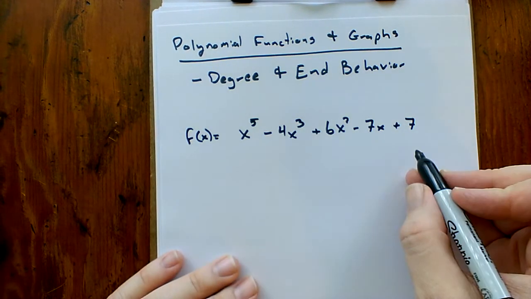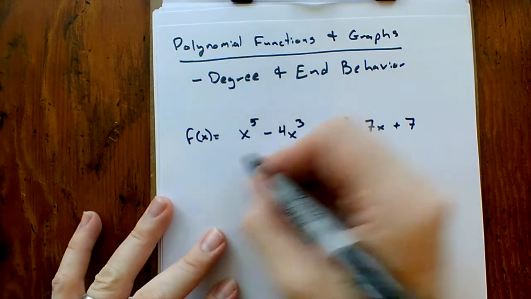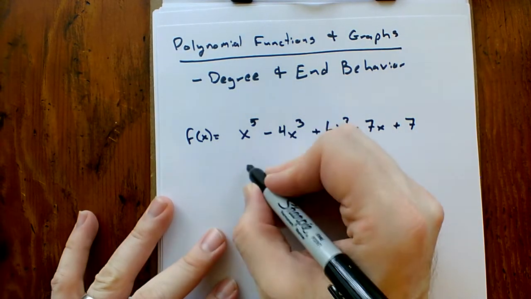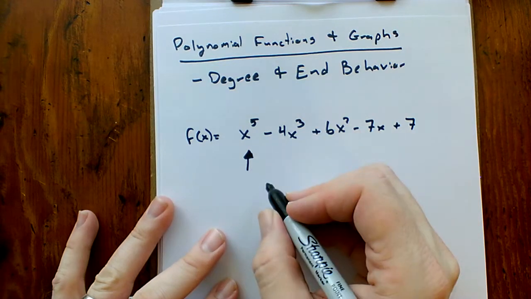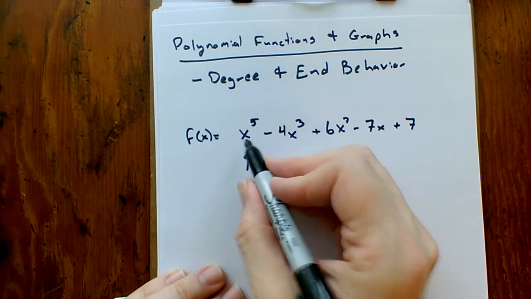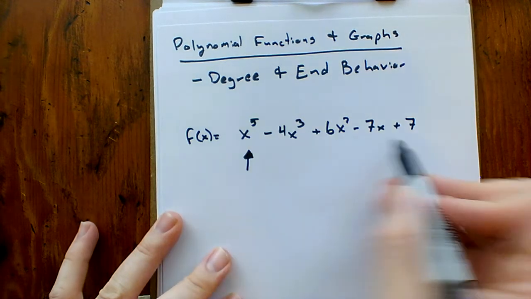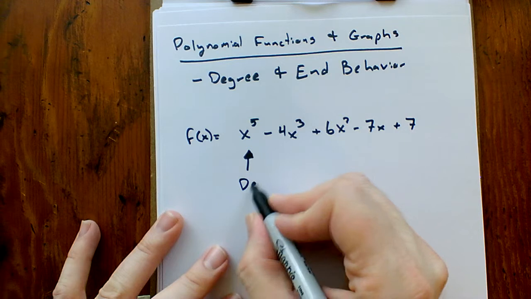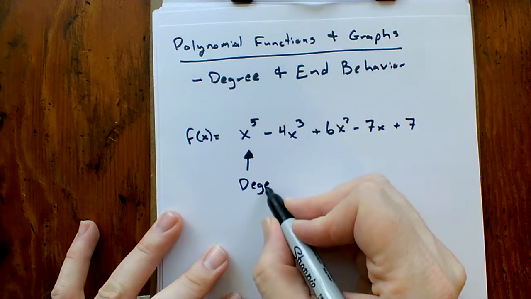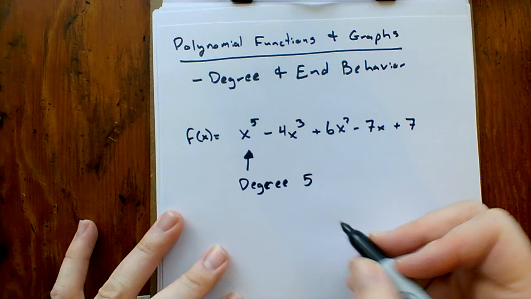Whenever I've got a polynomial function, we're going to be really concerned with whatever this highest power term is, because that is going to determine our end behavior. Now here, I've got a polynomial, and I would say this is a degree 5.